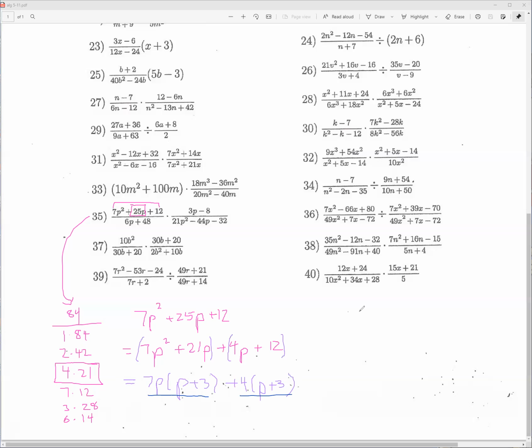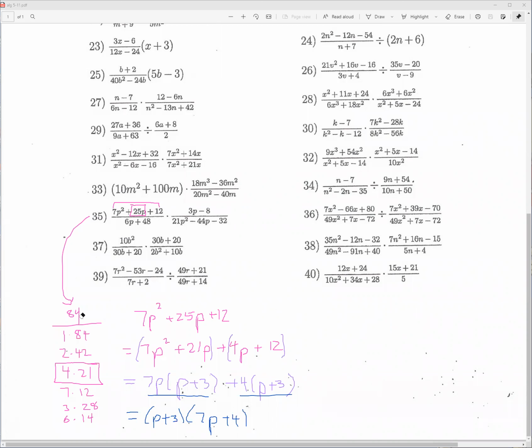So this is no different than if it said 7px plus 4x, and we go, oh, we can factor an x out of that. Except instead of an x, it's a thing in parentheses. So it is equal to p plus 3 times whatever's left after we factor out, which is 7p plus 4. So yick, that was awful. But that gives us our method for factoring if you need it.